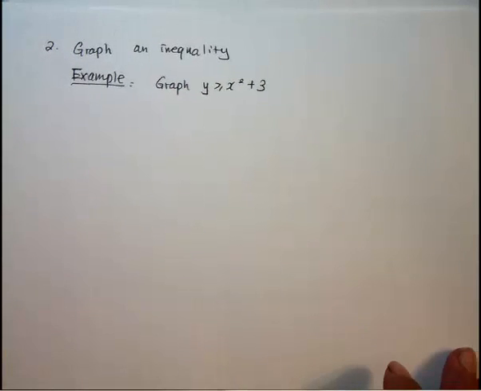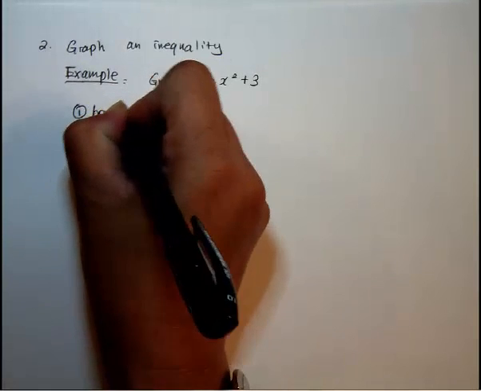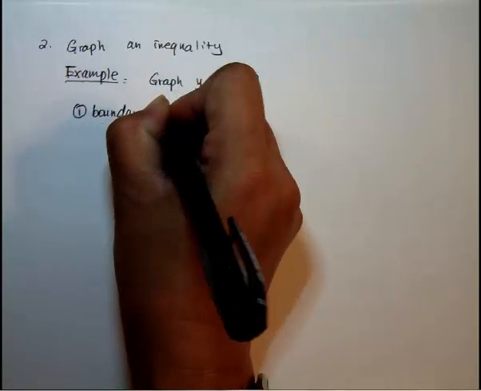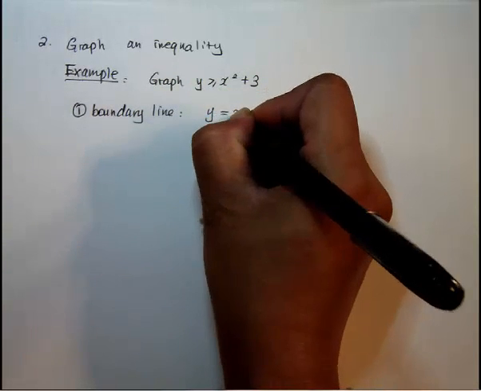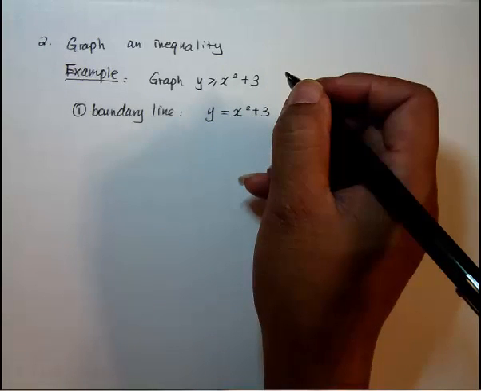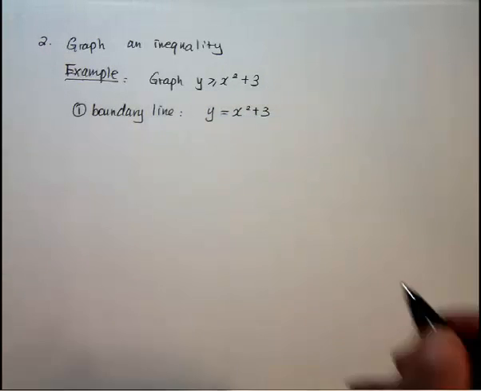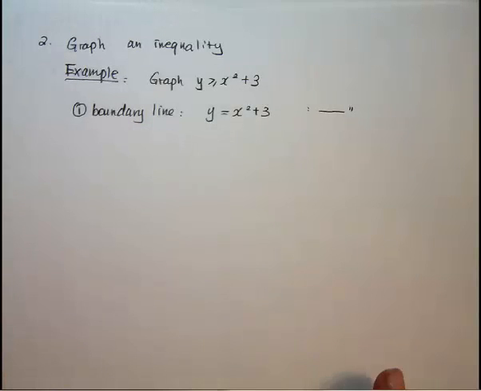Similar idea. The first step, we are going to find our boundary line, which is switching the inequality symbol to an equal sign. Since we have the equals in the inequality, I know that will be a solid line.